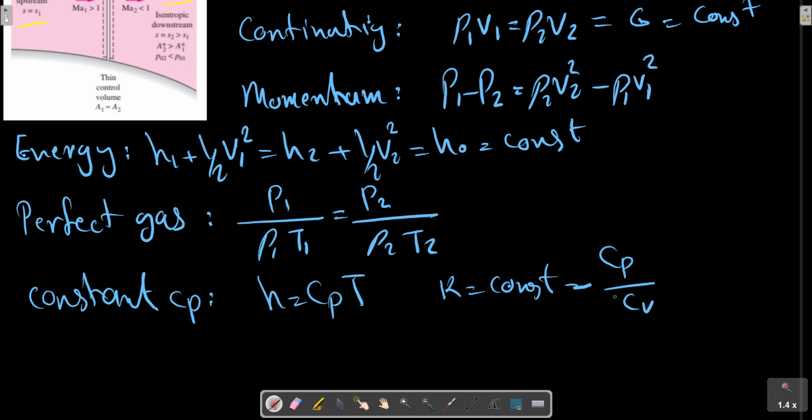The first successful analysis of these normal shock wave relations was created by Rankine.